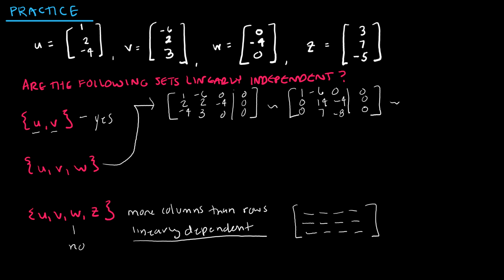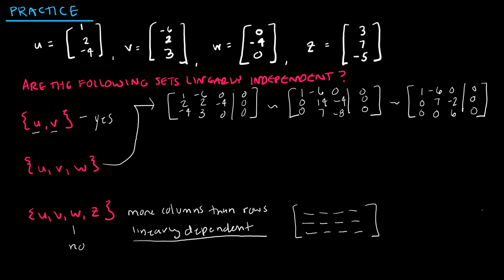And then I'm going to do a little bit more reduction. In the middle, I'm going to end up with 7 and -2, just by taking half of each of those. And then I'm going to take that new row and take row 2 minus row 3. So 0 minus 0, 7 minus 7, -2 minus -8.